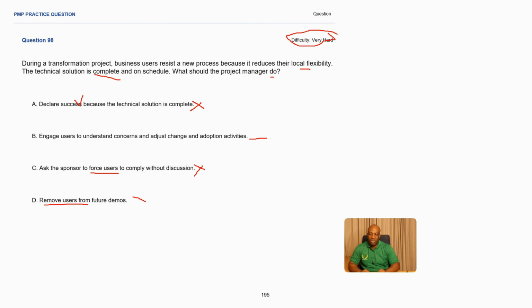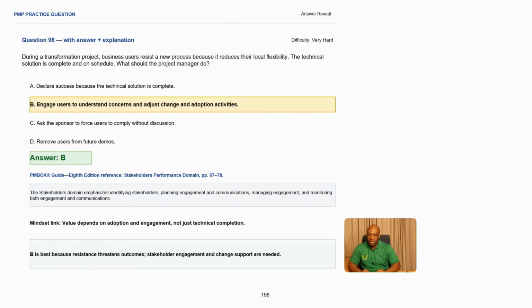They're the ones who are going to be using the system. So therefore, the best answer in this scenario is B. You need to engage your users to understand their concerns and also adjust change and adoption activities. Because remember, the users want to keep their local flexibility. So that's why they are now resisting this new system, even if the technical solution is complete.